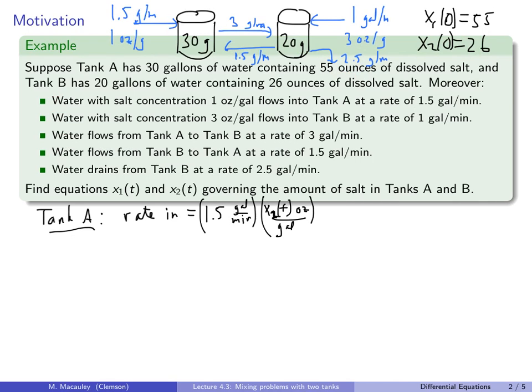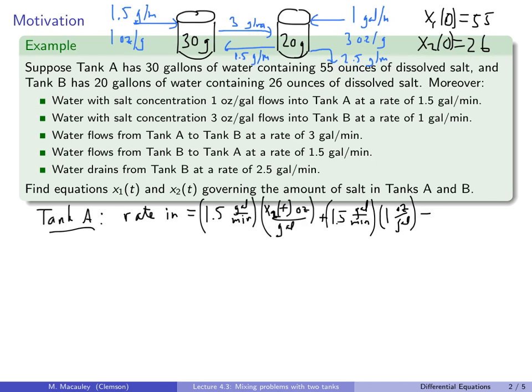Oh, I'm sorry, that's the one coming in this way. And then we also have water coming in this way, so that is plus 1.5 gallons per minute, and then that's times 1 ounce per gallon is the concentration.